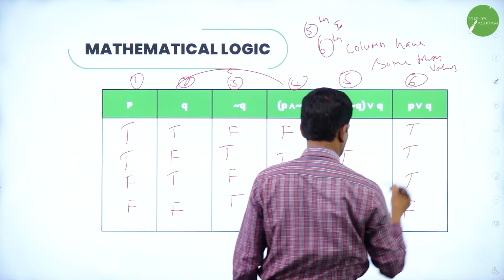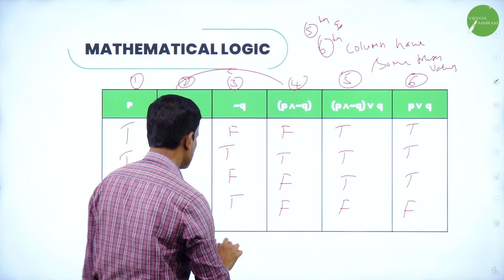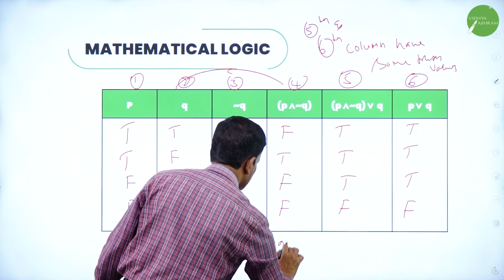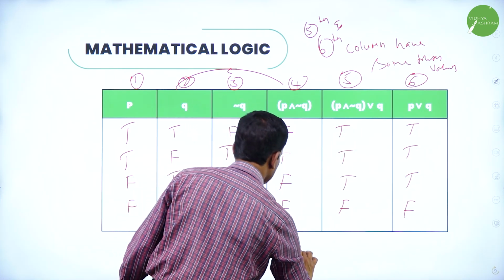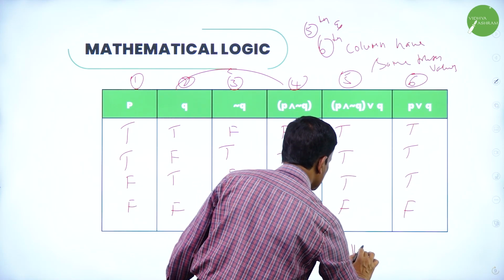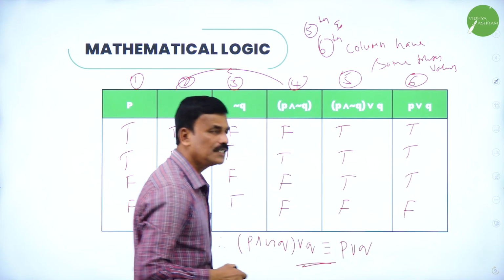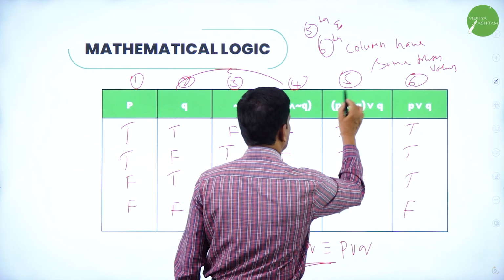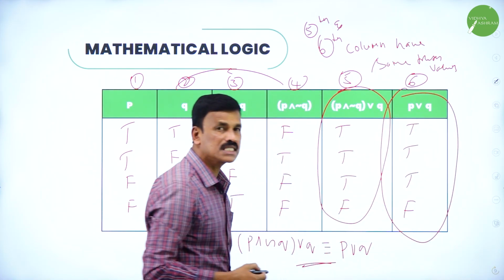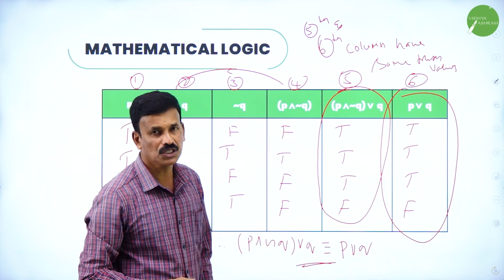Therefore they are logically equivalent. So we can write P conjunction negation Q disjunction Q is logically equivalent to P disjunction Q.